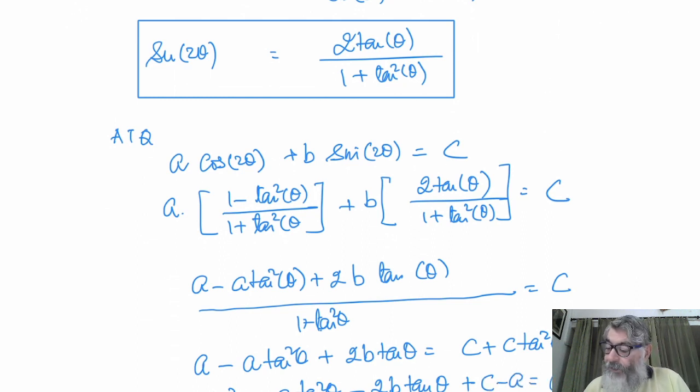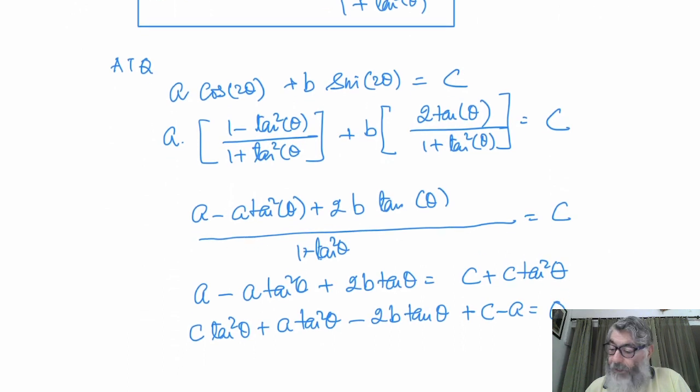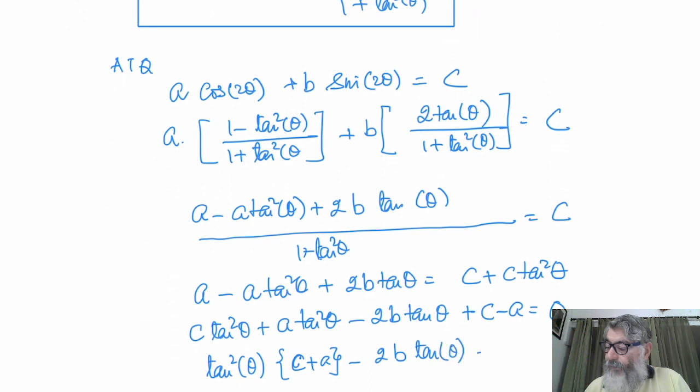Now you can see in the first two terms, I can take tan square theta common. So it will be left C plus A, minus 2B tan theta.